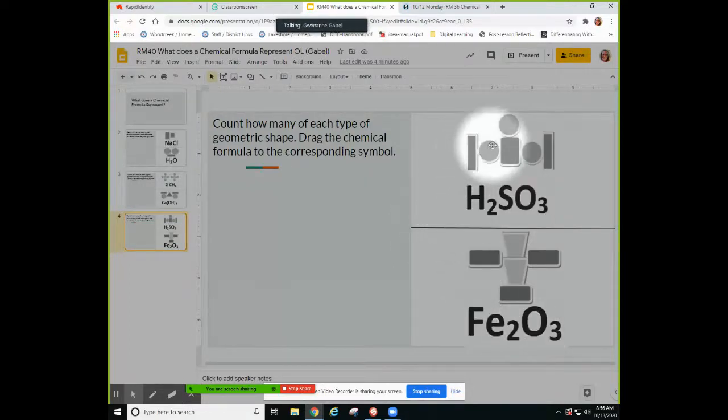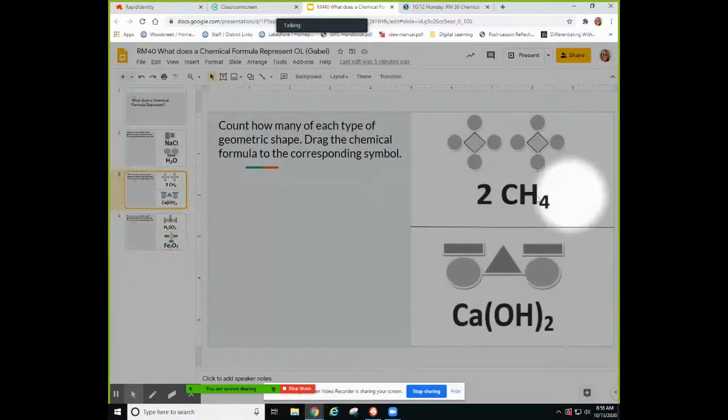There are 6 shapes here, and there are 6 total atoms in this compound. There are 5 shapes here, and there are 5 total atoms in this compound. For this one, there are 10 total atoms in this compound, and there are 10 shapes here. For this one, there are 5 total atoms, and you can see there are 5 different shapes, or five shapes total. Okay?